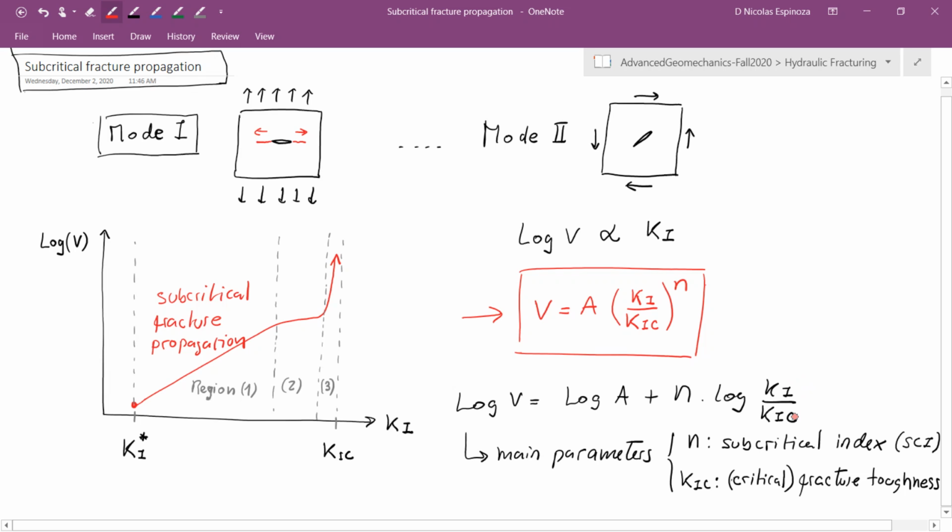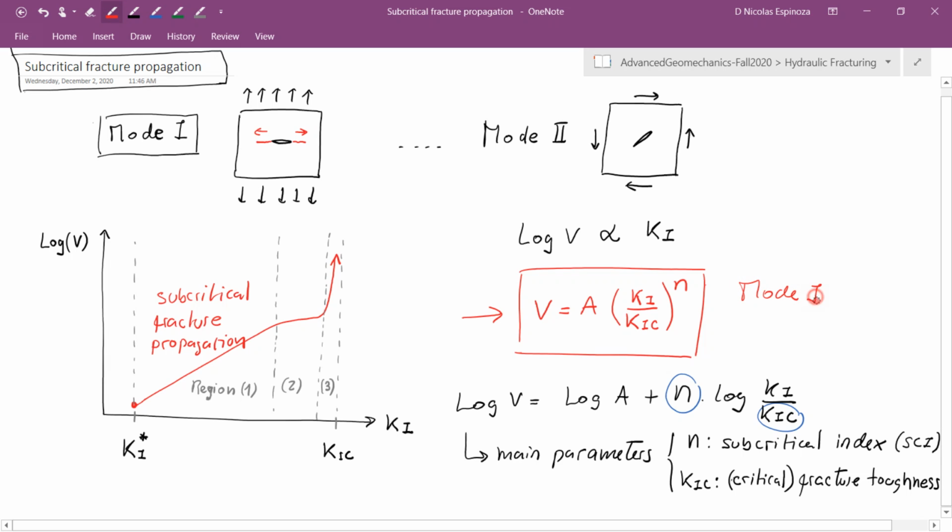So the main parameters here that are going to affect this response are the subcritical index, also sometimes called SCI, and also the fracture toughness, something that we already knew from previous examples and videos. All right, this particular equation is going to apply to an open mode fracture, or mode 1.